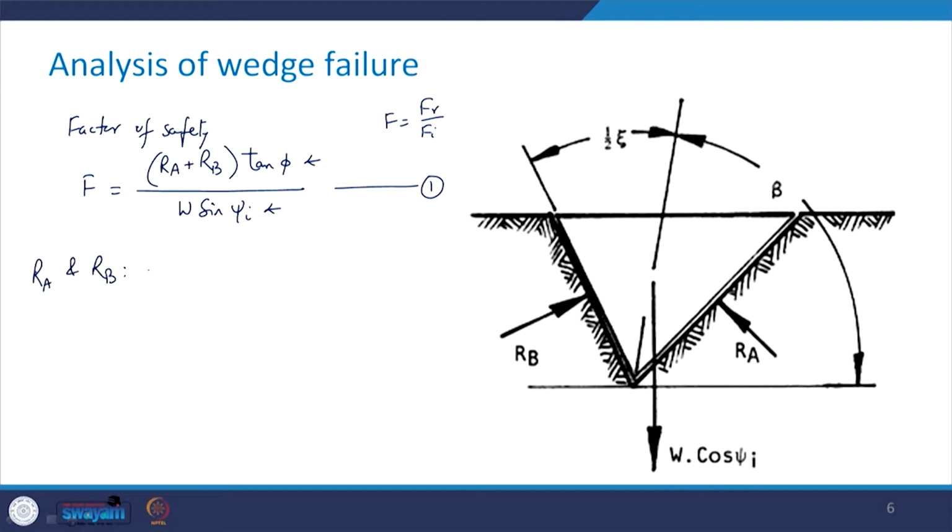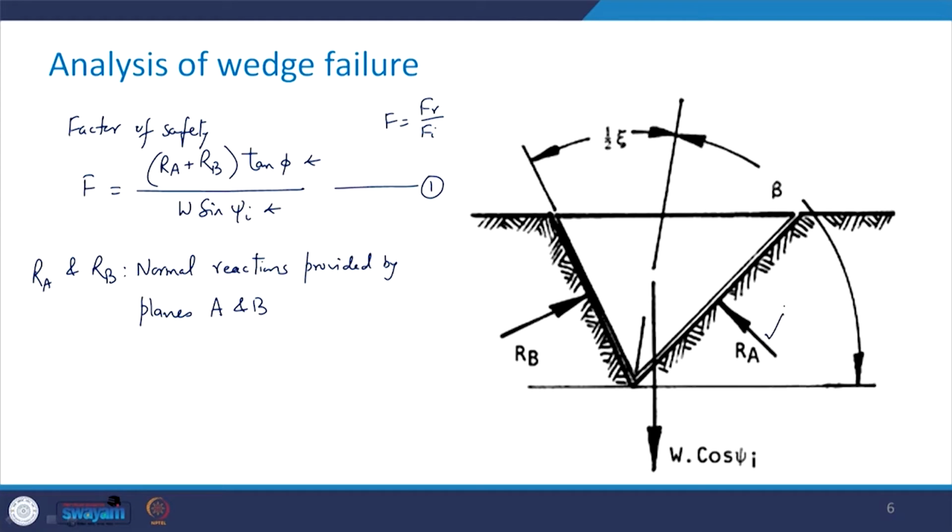So, this RA and RB are the normal reactions provided by planes A and B, as has been shown in this figure.